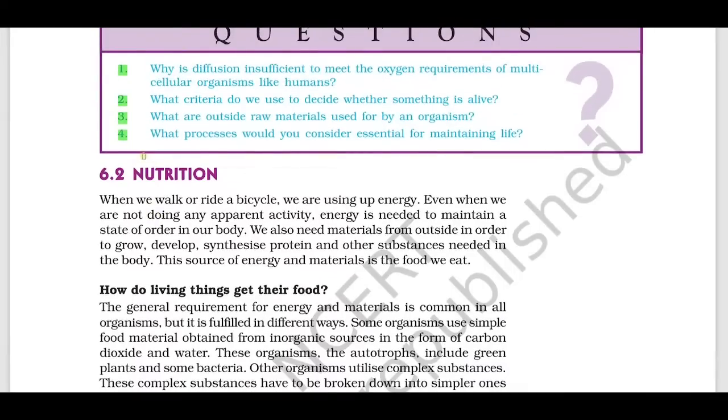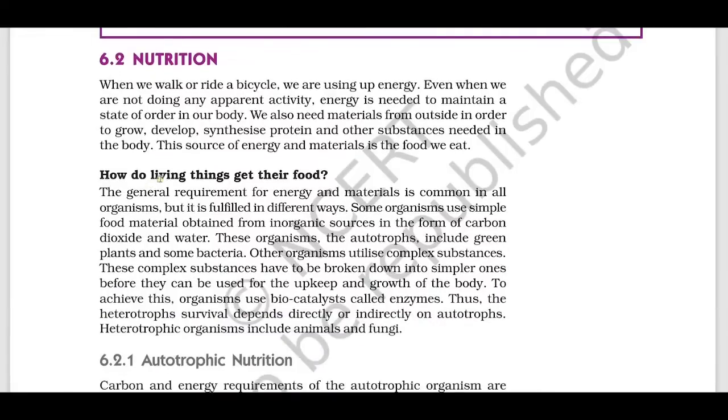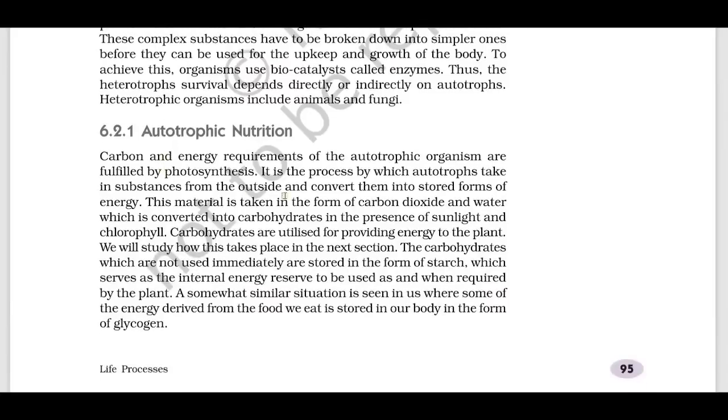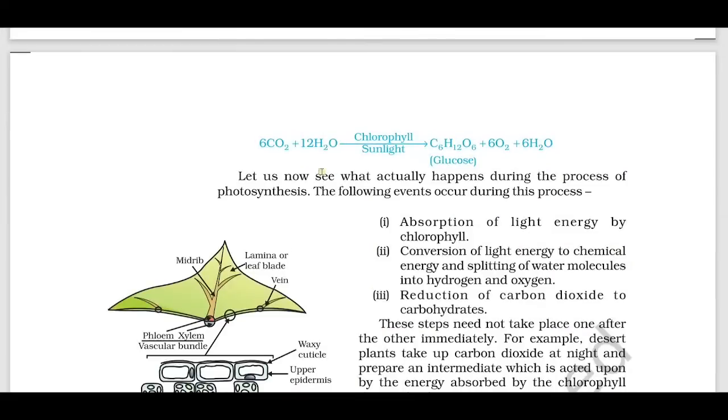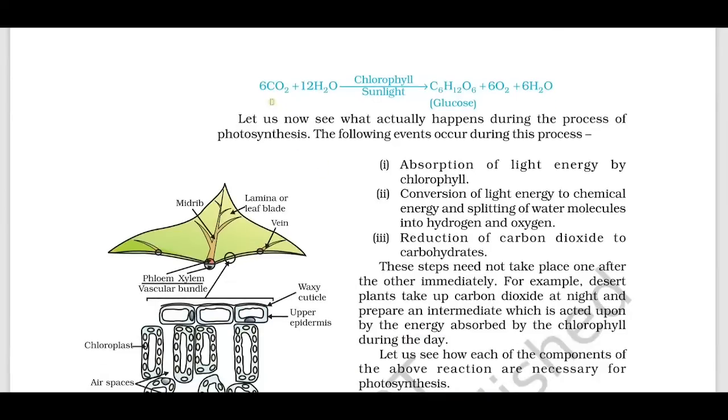So coming to nutrition, here the important thing, the difference between autotrophic and heterotrophic nutrition is very important, and also the chemical equation representing photosynthesis.